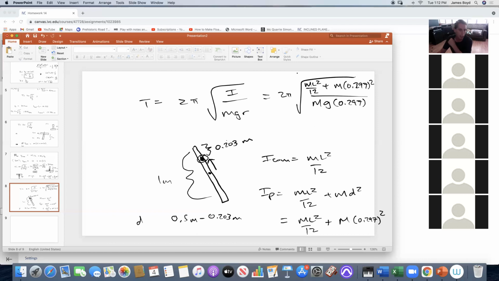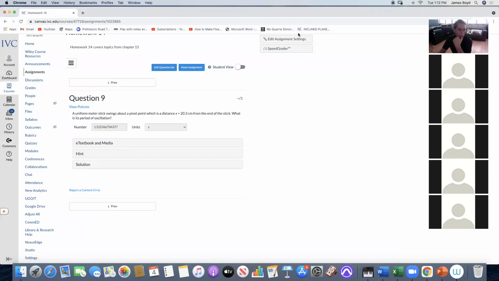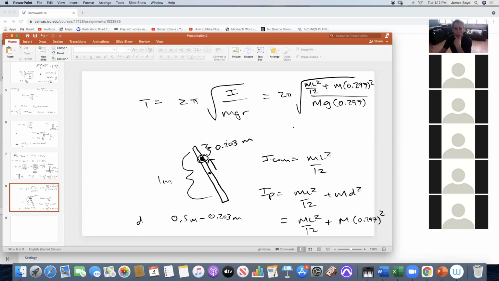The m's all cancel. What was our L? Our L was a meter. Duh. So our L is 1, so this becomes 2 pi times the square root of 1/12 plus 0.297 squared over g times 0.297.